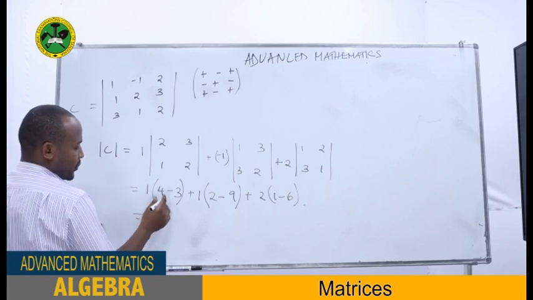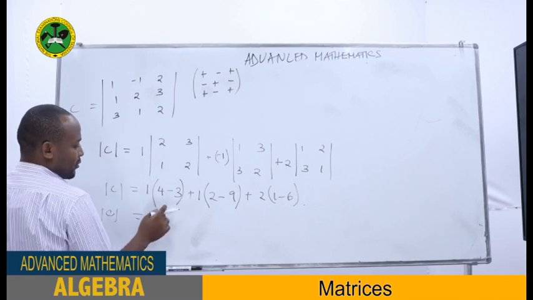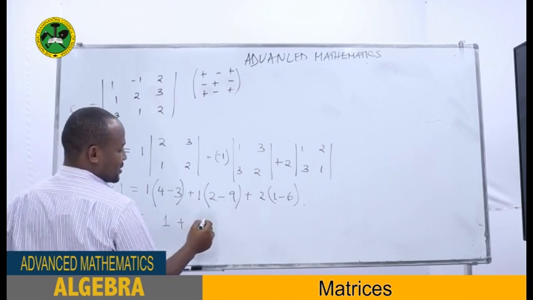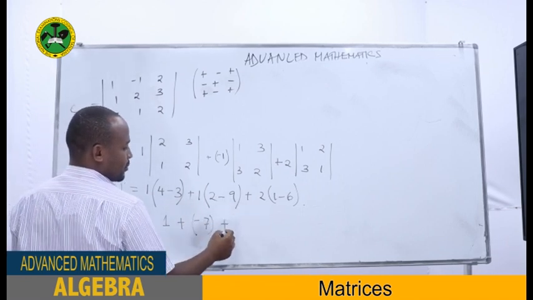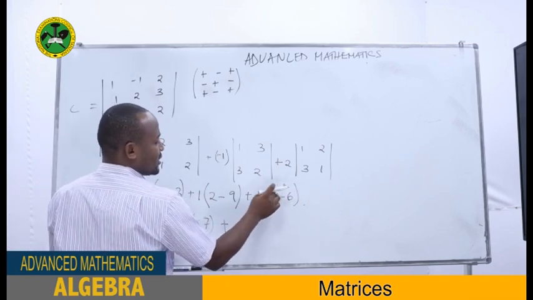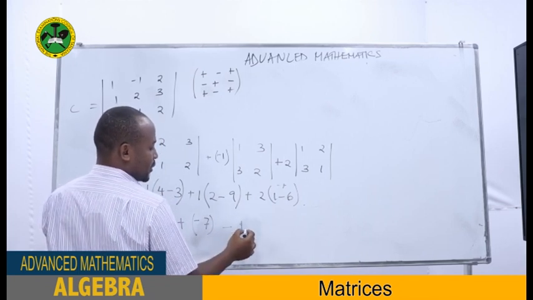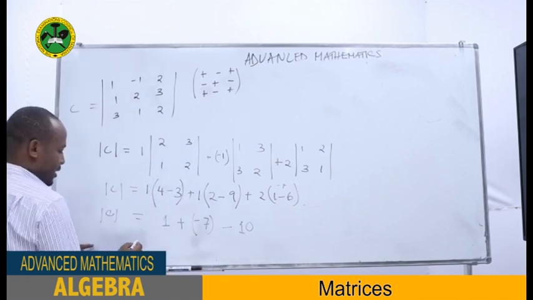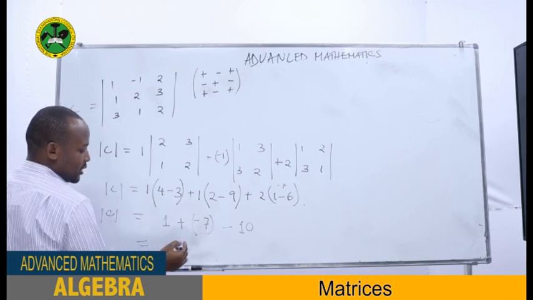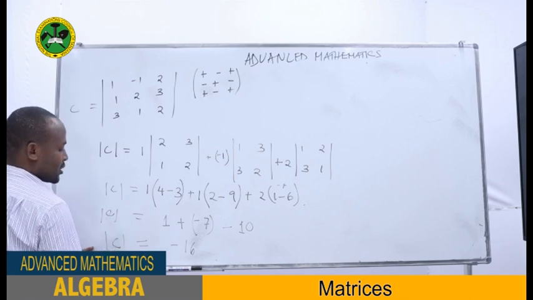The determinant of the matrix C will be 4 minus, that one is 1, plus negative 7. Plus this one, we have negative 5 times 2 is negative 10, so minus 10. Then plus that one, negative 6, and that equals negative 16. That will be the determinant of the matrix C.